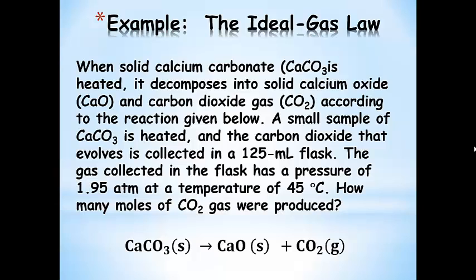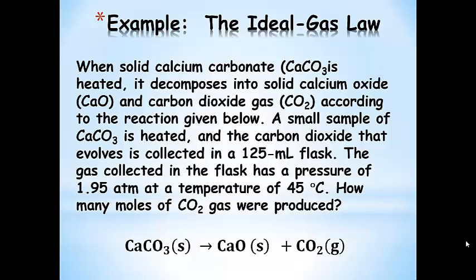When we heat solid calcium carbonate, it decomposes into calcium oxide and carbon dioxide gas, according to this reaction below. Here's our calcium carbonate. We're going to heat it up, and we're going to get these two products. It's going to decompose or break up into calcium oxide and carbon dioxide.